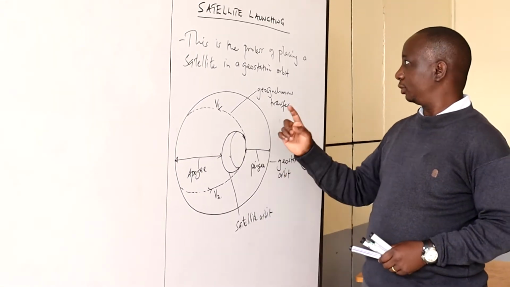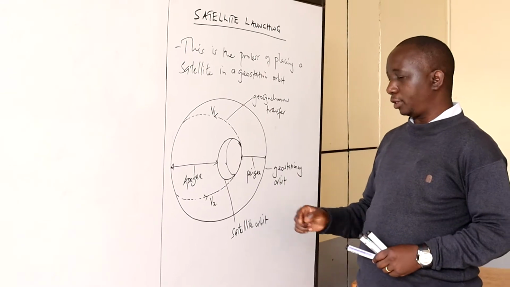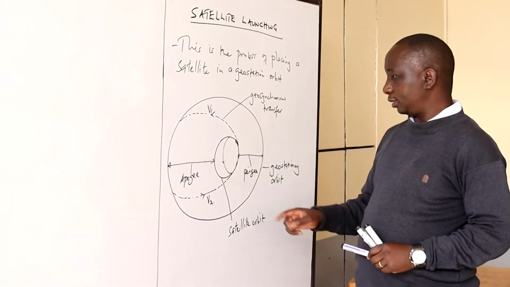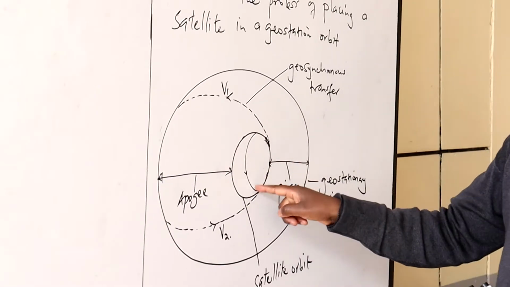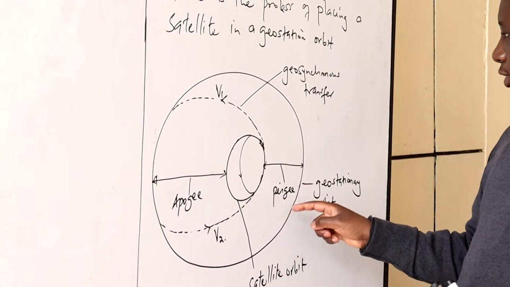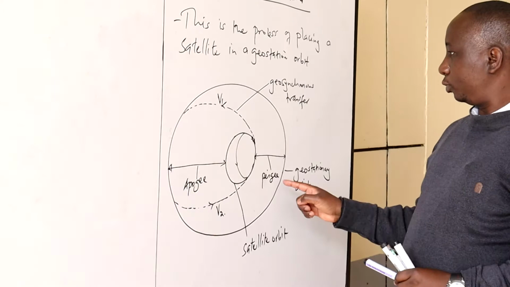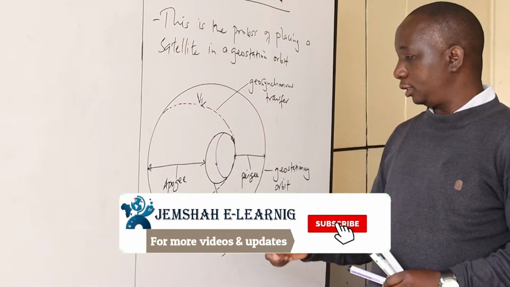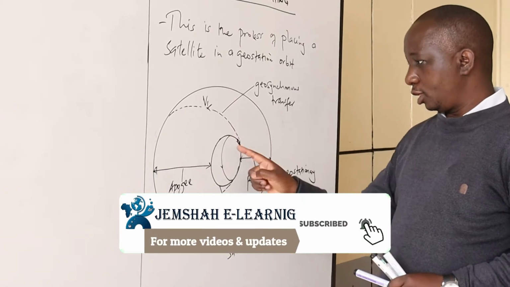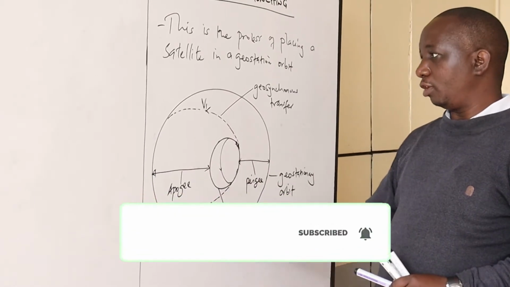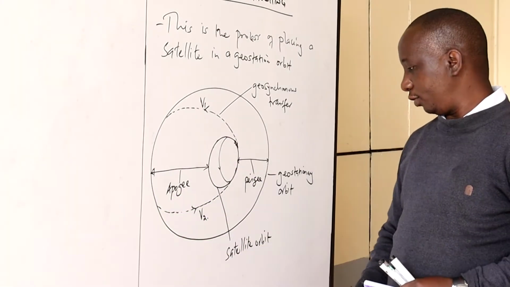We have said it's a process of placing a satellite in a geostationary orbit. The satellite is moving around its orbit. These are the velocities at which it's able to maintain the satellite in the geostationary orbit, velocity v1 and velocity v2.